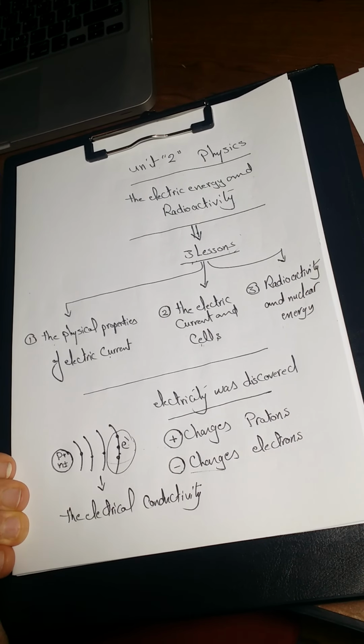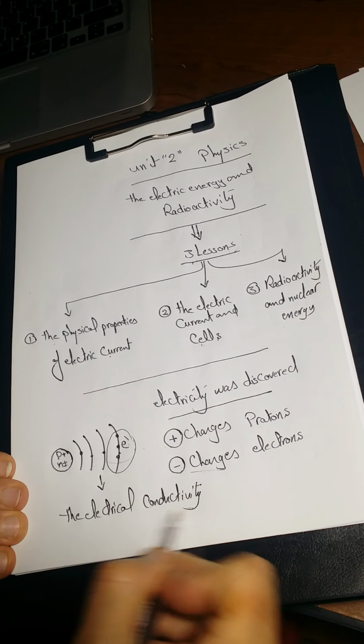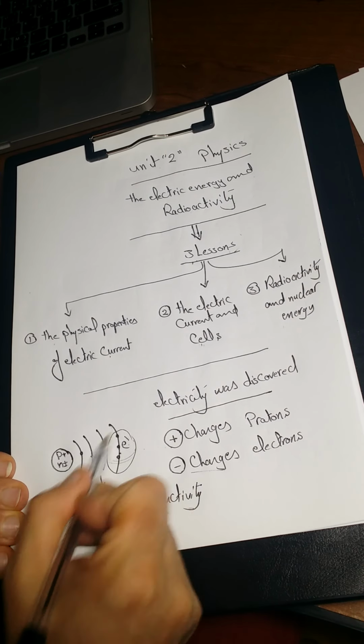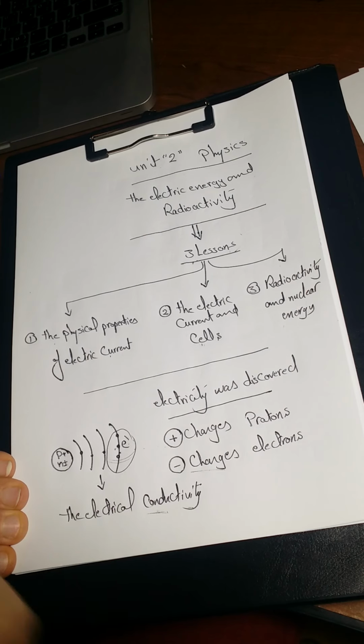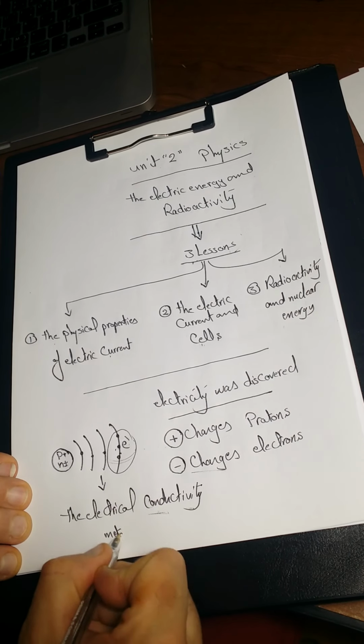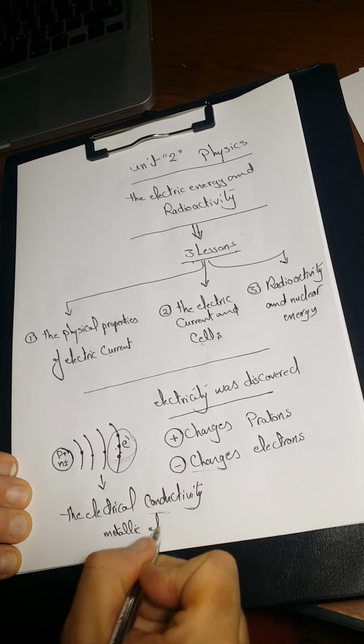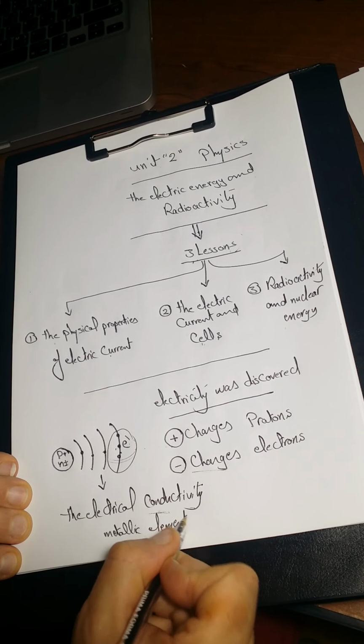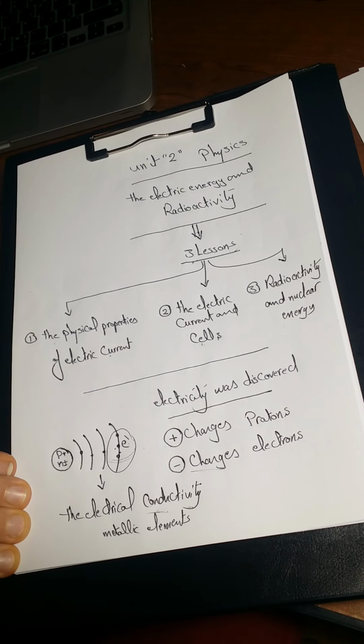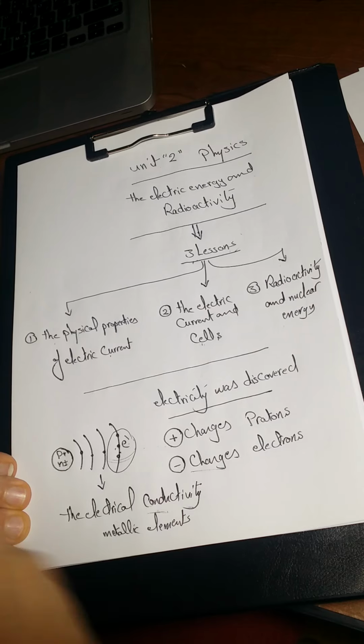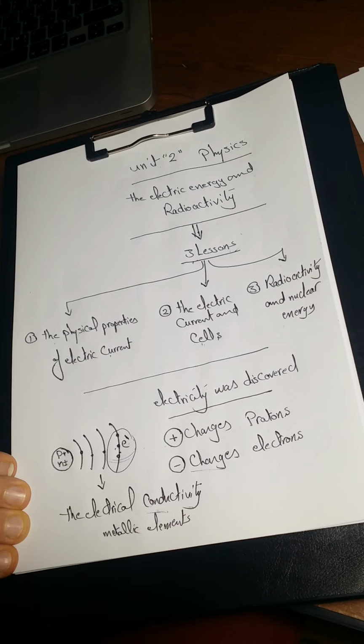It means the substances which conduct the electricity have free electrons. Like what? Like the metallic elements. That's why copper conducts electricity. Copper conducts electricity because it has free electrons.